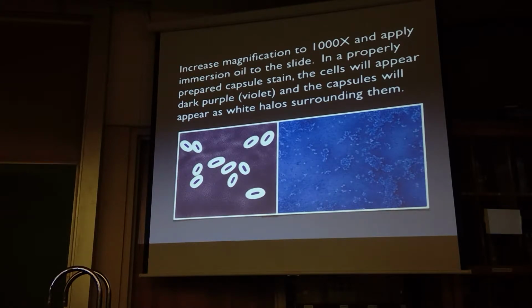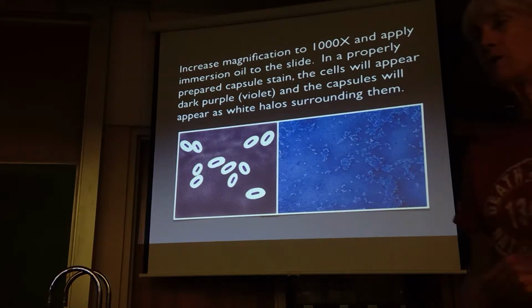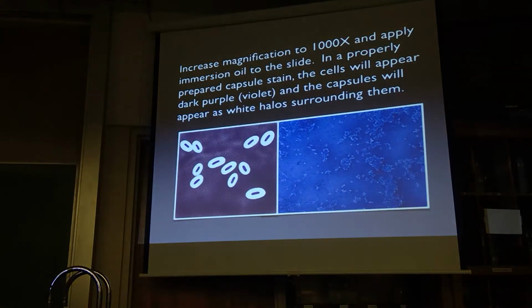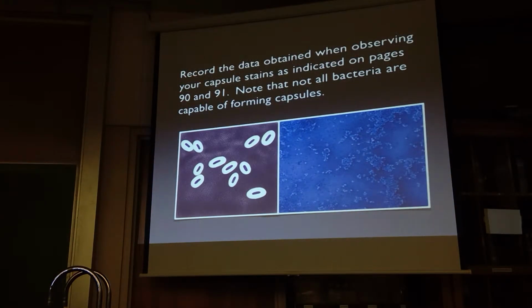Consequently, if the cells break apart, you'll see a capsule that's only on one side. They look like cartoon eyeballs with this white area just off to one side. Anyway, so you're supposed to record, does your culture have capsules or does it not? Some of them don't.